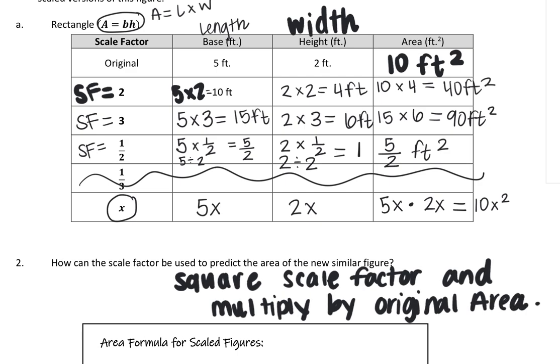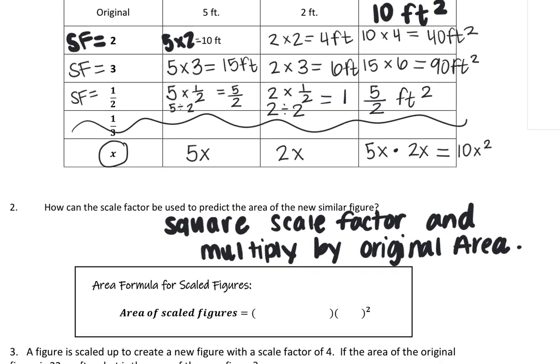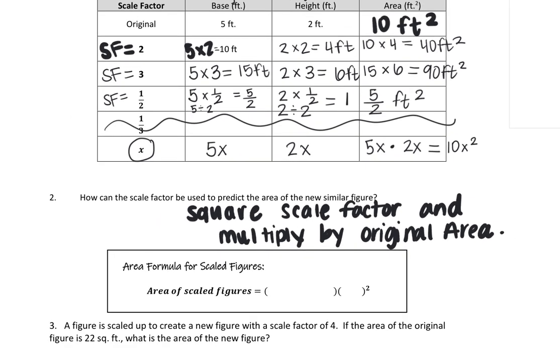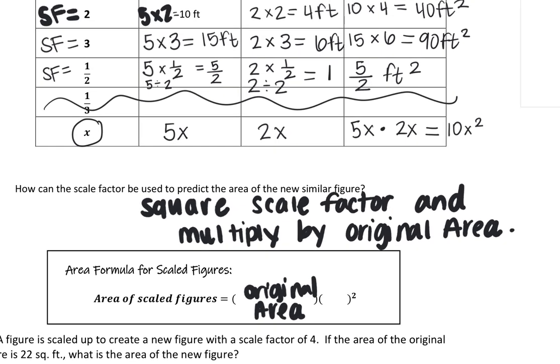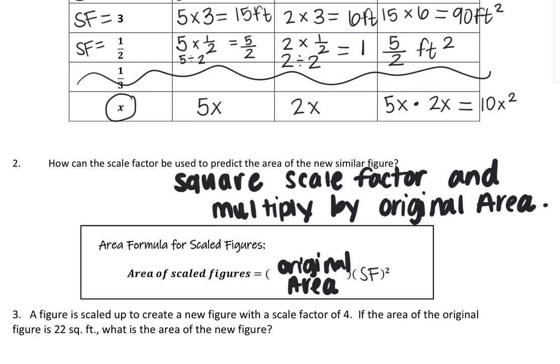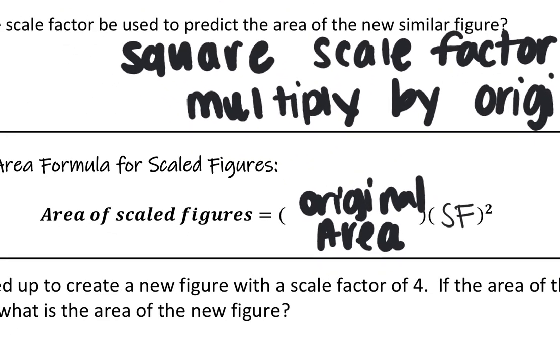Okay, please take a moment and write that down. My area for any dilated figure will be: grab the original area and then you're going to multiply it by whatever the scale factor SF is, and you're going to square the scale factor.